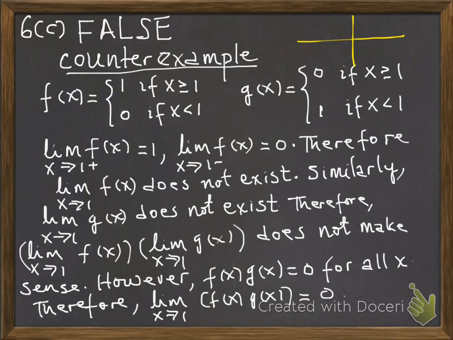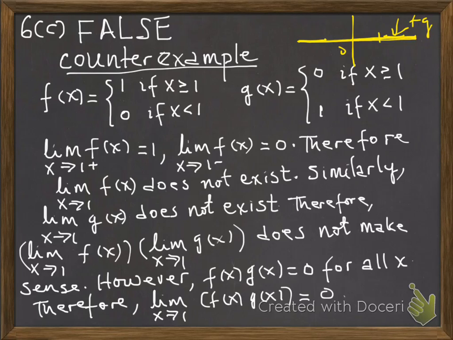For x greater than 1, f of x is 1 and g of x is 0, therefore the product will be 0, and it will be 0 for x less than 0 and for x greater than 1. This is the graph of f times g, and it is everywhere 0.